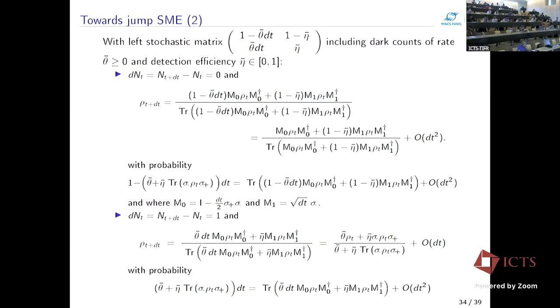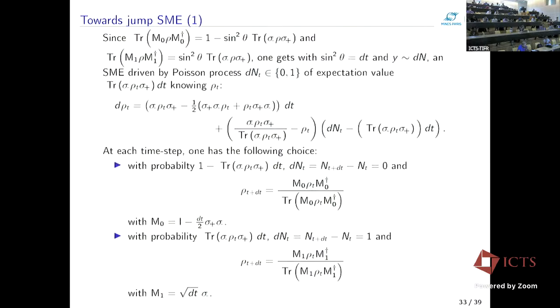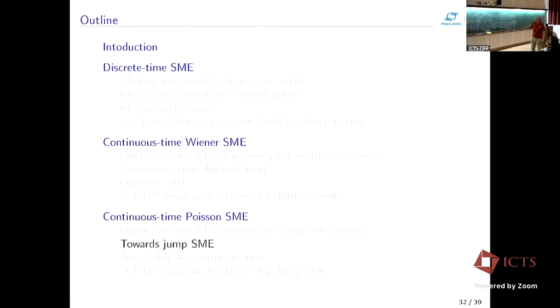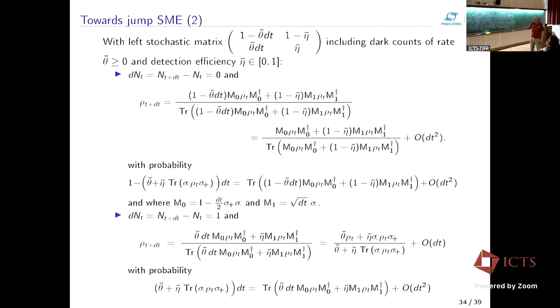It is eta bar. If you want, in fact, to take this into account in the Poisson formulation, here what you have used is this stochastic matrix. It is a left stochastic matrix. Here you have M0, M1, and here you have, in fact, the fact that you detect no click or you detect one click, and do exactly the same thing.